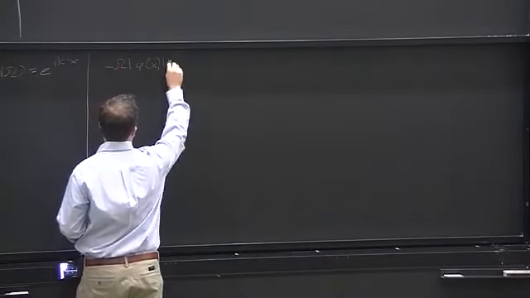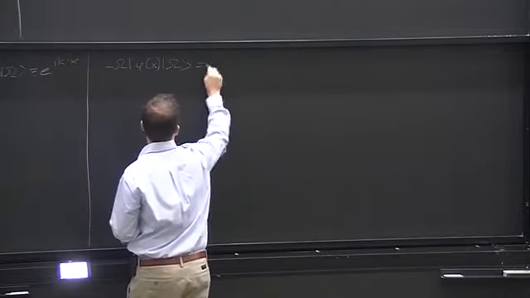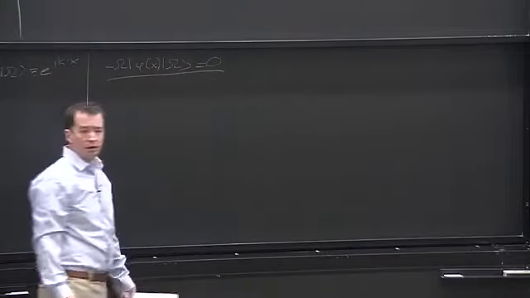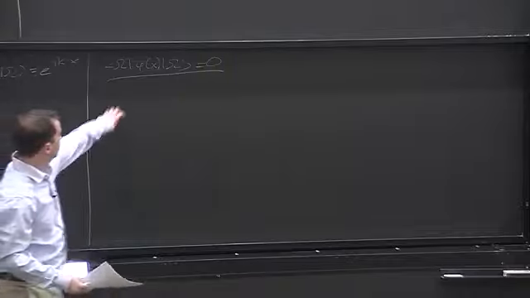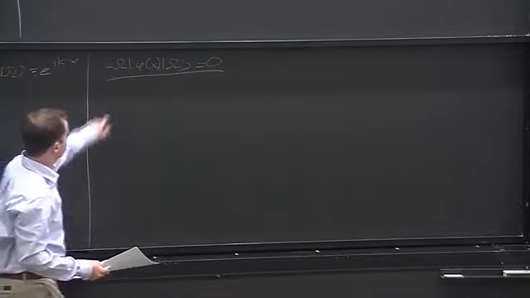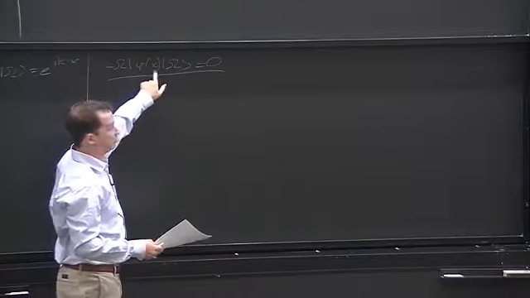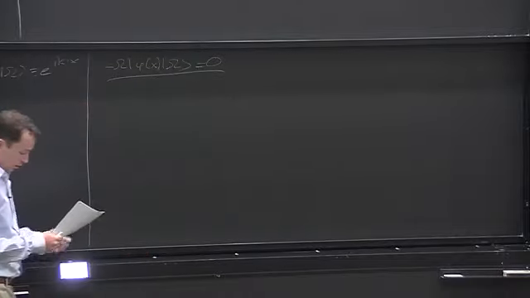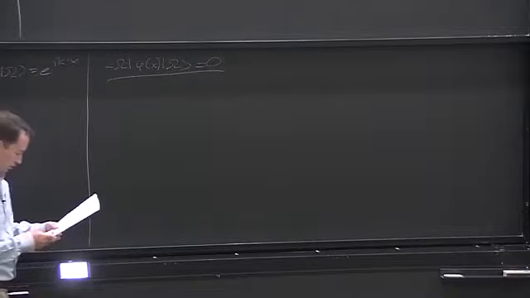So the first thing we want to discuss is what you can say about the vacuum expectation value. This is the vacuum expectation value of a field being 0 in a general interacting theory.